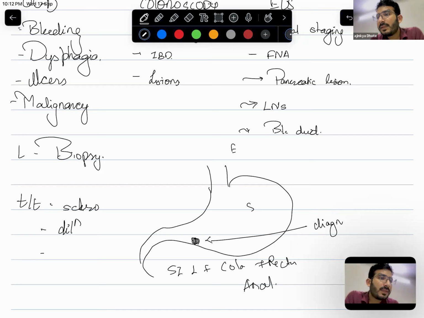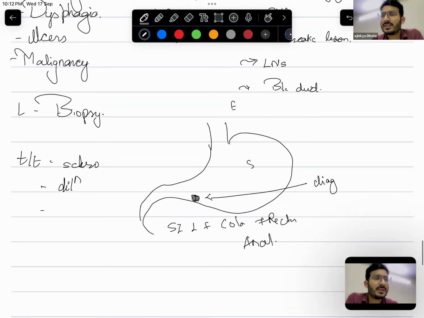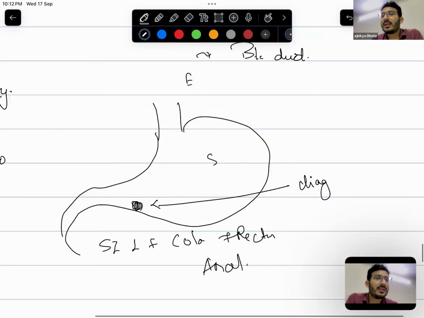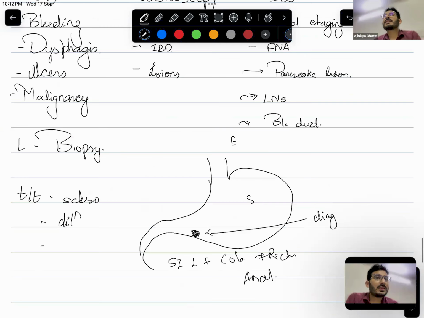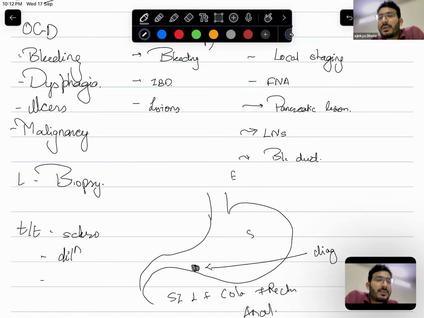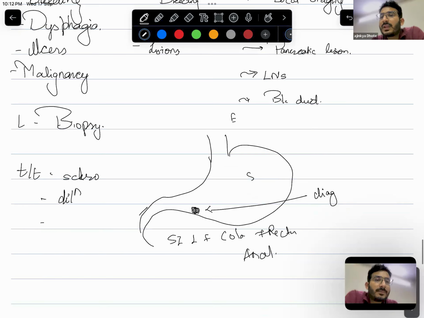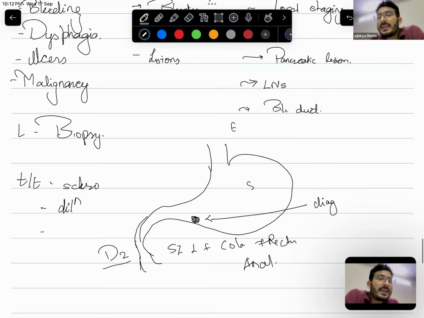Okay, we cannot just rely on imaging for these lesions. Okay, that's the reason why all these investigations have been developed. Okay, so any lesion starting from the esophagus or even the oral part till the duodenum second part, any lesion that's there, we can do an upper GI scopy.